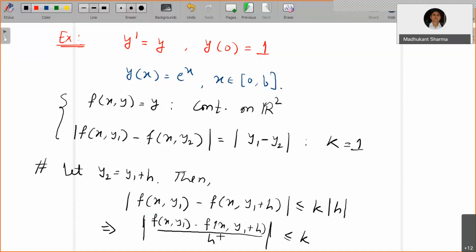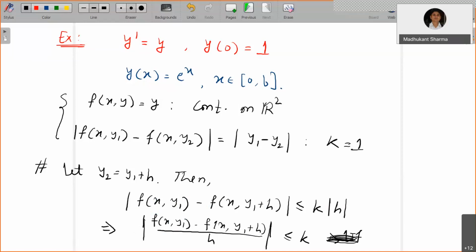Now if you apply the limit h tends to 0, the left side is nothing but the partial derivative of f with respect to y at y1. But this assumes differentiability of the function, whereas the previous condition did not refer to differentiability.